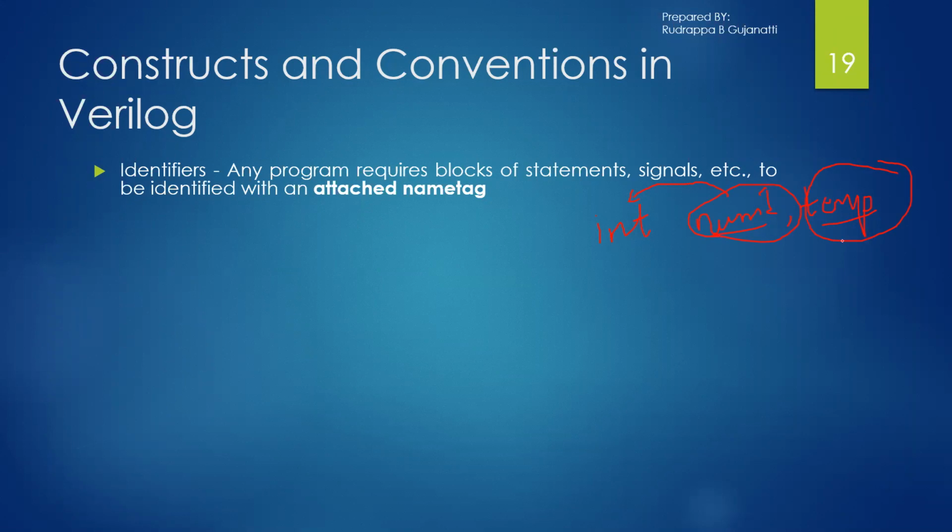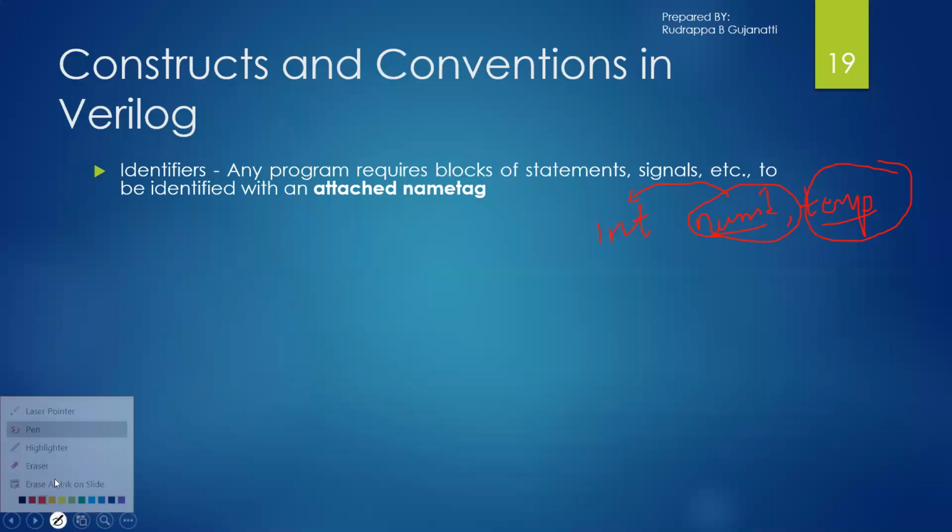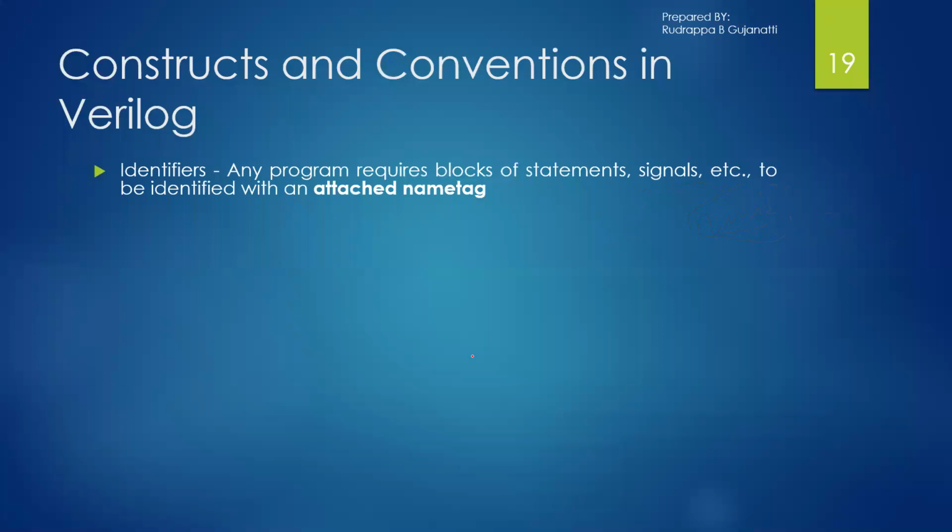This is the name tag we are giving for that purpose. Any program requires such name tags in order to build the entire code. So identifiers are the attached name tags which are used to identify statements, signals and other things.